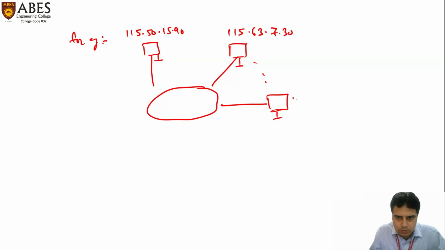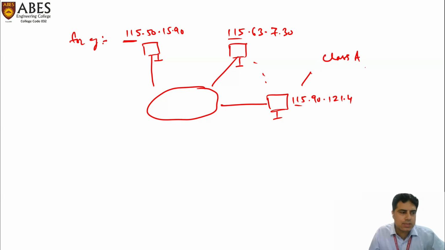And for this, 115.90.121.4. So this 115 represents that this IP address belongs to class A. For class A, the network ID is of 8 bits.